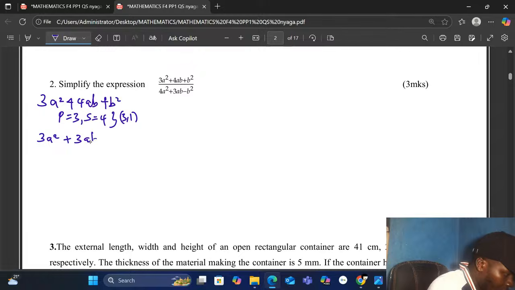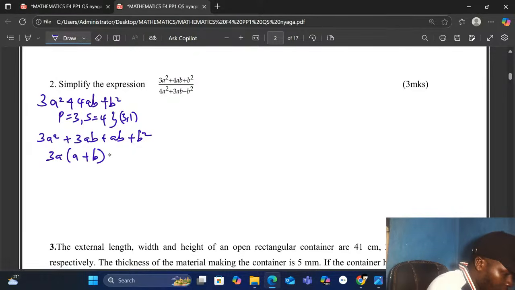3ab, then plus ab, plus b squared. Then we collect the right terms, then we factor out. We can simply factor out 3a here so that we have 3a into a plus b.